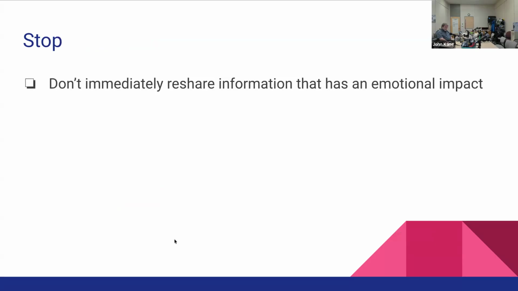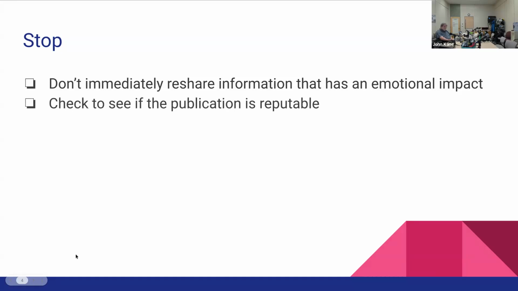So the first thing is, if you see something online in social media, on Facebook, Instagram, or other places, many people, when they see something that triggers emotions, will just immediately share it, which is kind of the purpose. So the SIFT approach involves: don't believe things at first. Don't reshare things. Check to see if whoever the source is reputable.